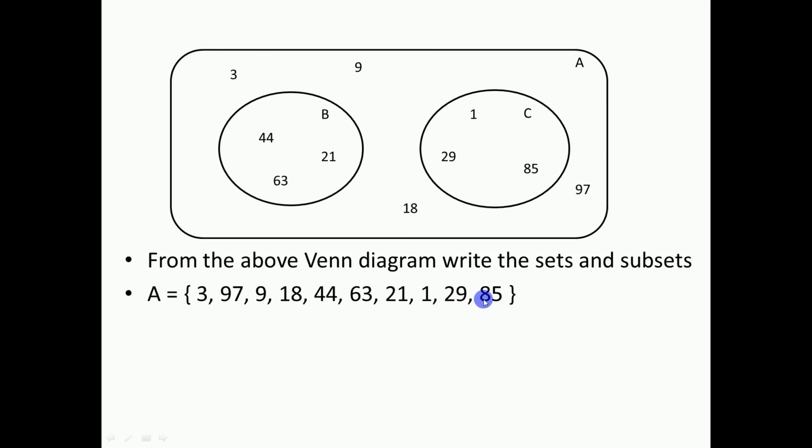So basically this whole figure has the numbers 3, 97, 9, 18, 44, 63, 21, 1, 29 and 85.